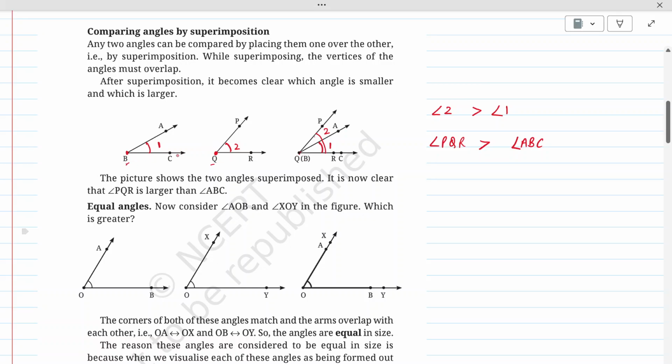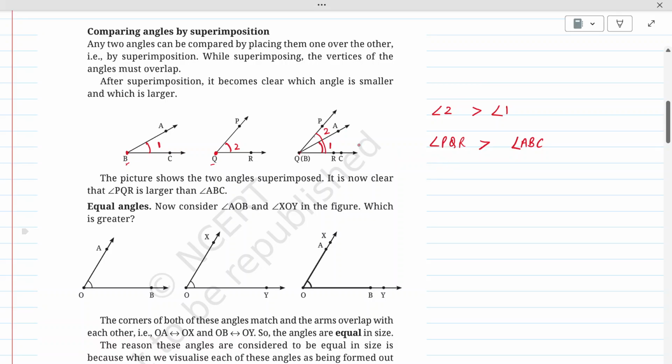Also the lower arms BC and QR are in the same line. Then we draw the given angles, and we can easily compare that angle 1 is the smaller angle and angle 2 is the greater angle here. When we keep them at the same point, we can easily identify which angle is bigger.